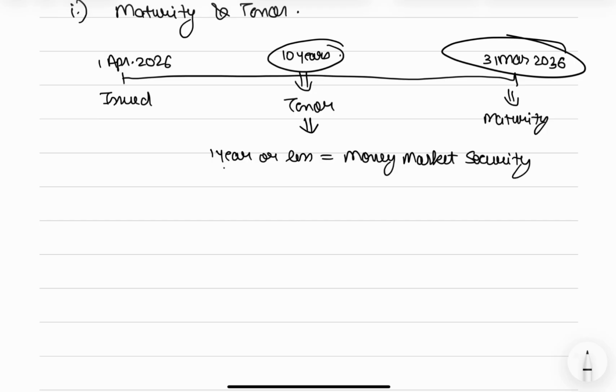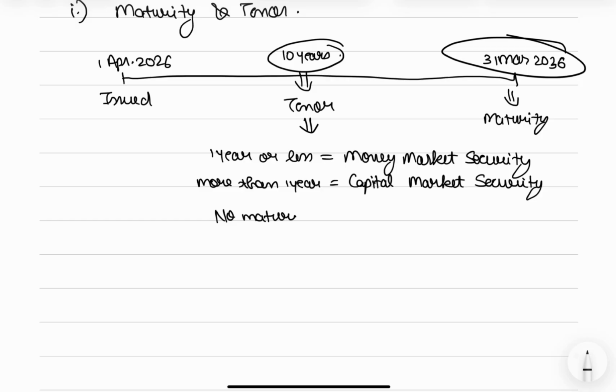If it is more than 1 year, it is called a capital market security. And if it does not have any maturity, then it is called a perpetual bond.